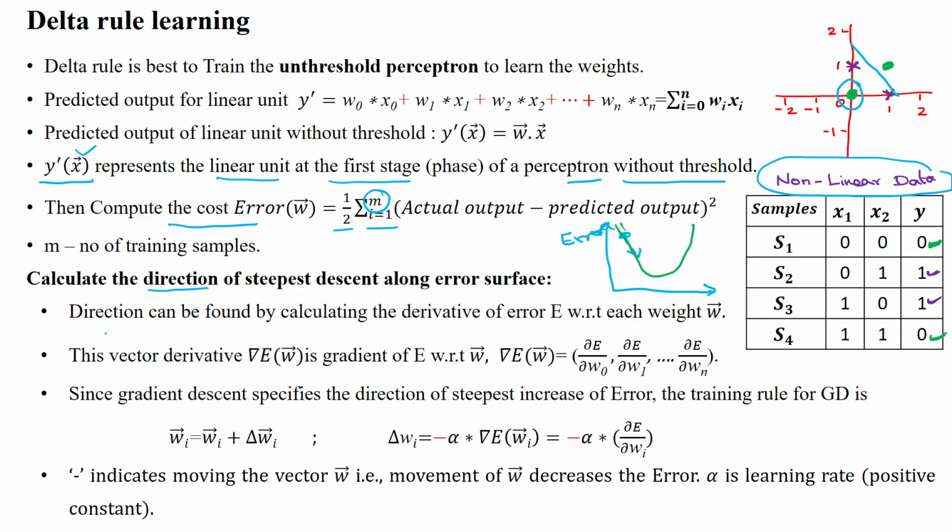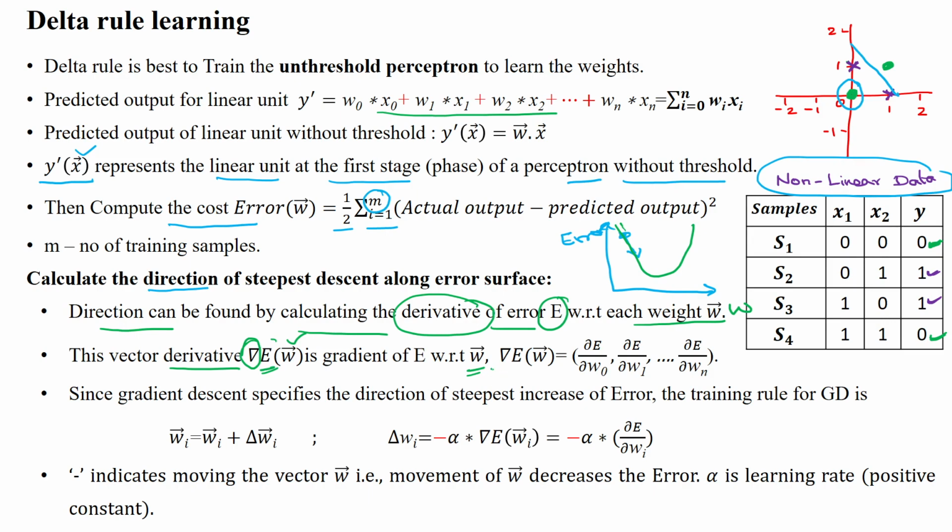Here the direction can be found by calculating the derivative of the error. That means we can calculate the gradients by applying the partial derivative on the error with respect to each and every parameter w we are going to use in the predicted output hypothesis function. Here this vector derivative can be represented by using the gradient symbol over the error with respect to w, for each and every w.